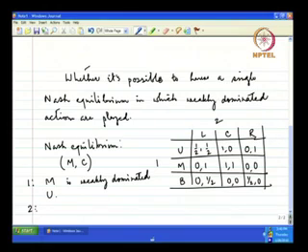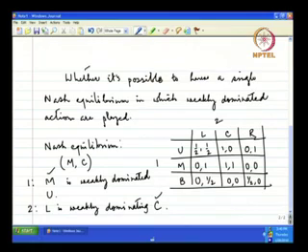Similarly, for player 2, if I consider L and C, I shall see that L is weakly dominating C. So, C is a weakly dominated action for player 2, weakly dominated by L, which means that both M and C are weakly dominated, whereas in the only Nash equilibrium of the game, both of them are being played.